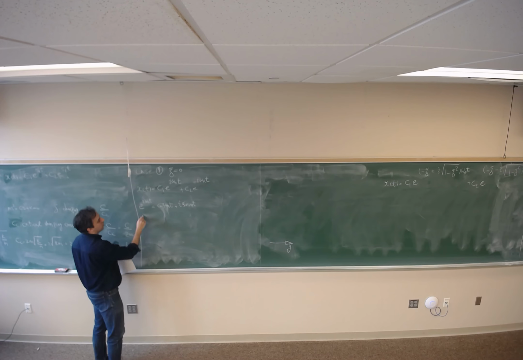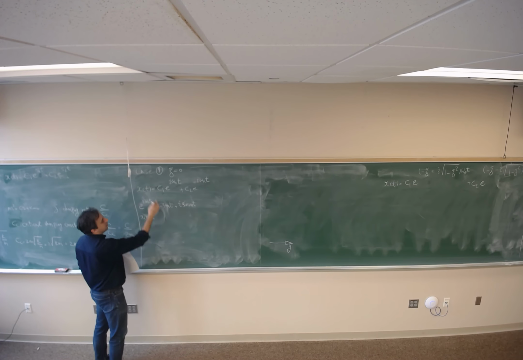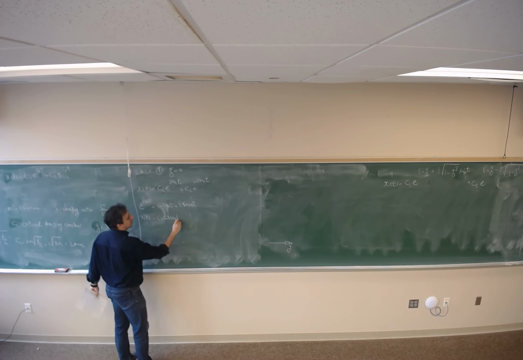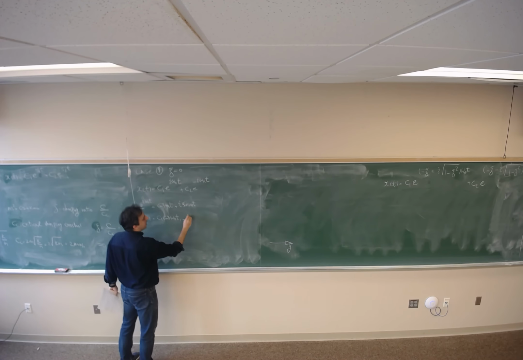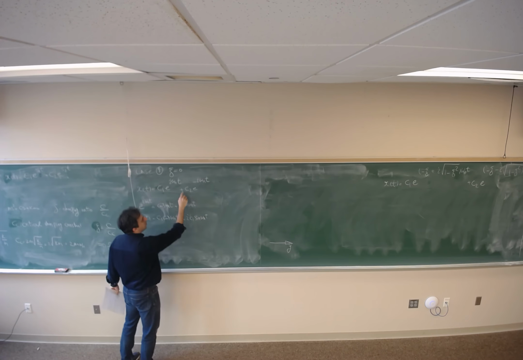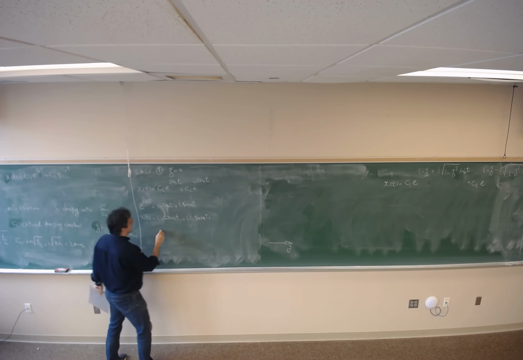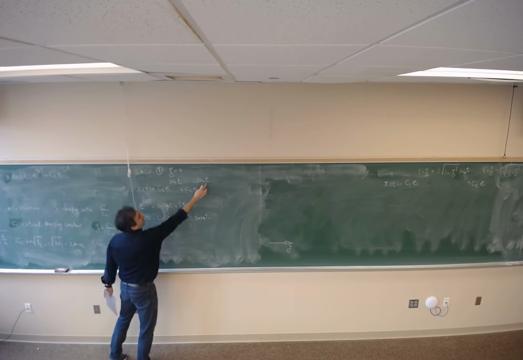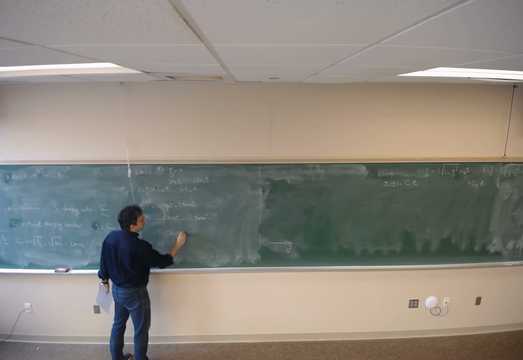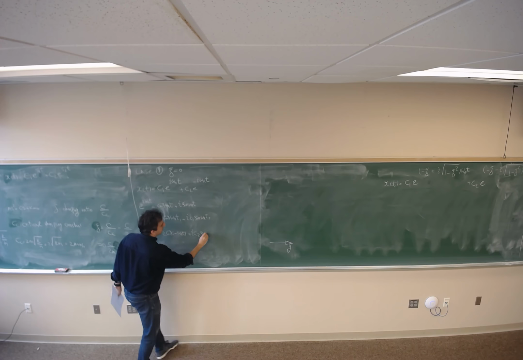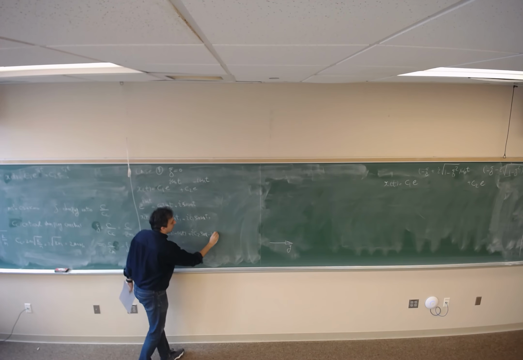So x of t is going to be C1 cosine of omega nt plus I C1 sine of omega nt plus C2 cosine of negative omega nt plus I C2 sine of negative omega nt.